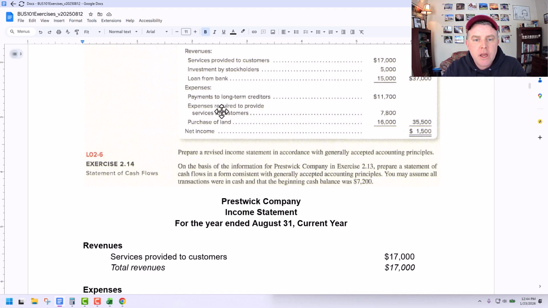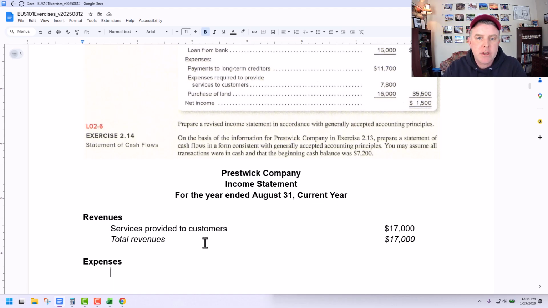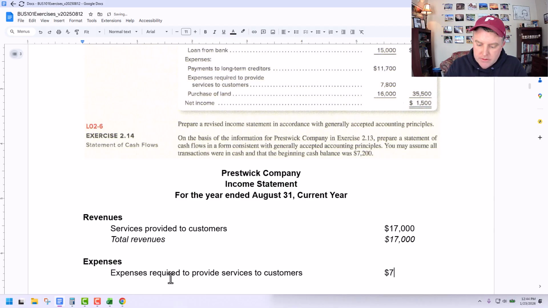We'll exclude those. Expenses required to purchase services or to provide services to customers. That is an expense. So we're going to list this out. So expenses required to provide services to customers, and this is going to be $7,800.